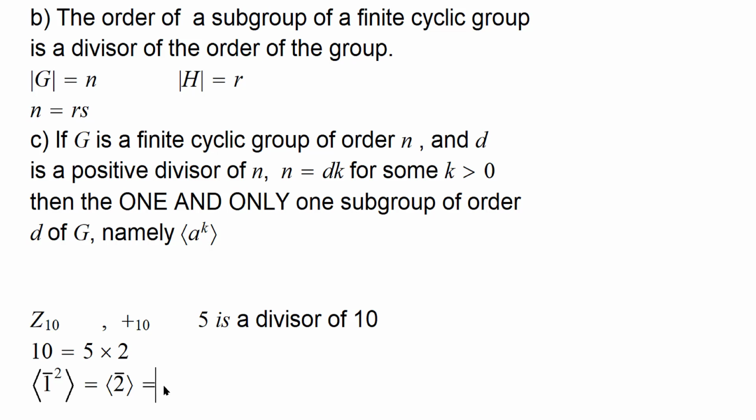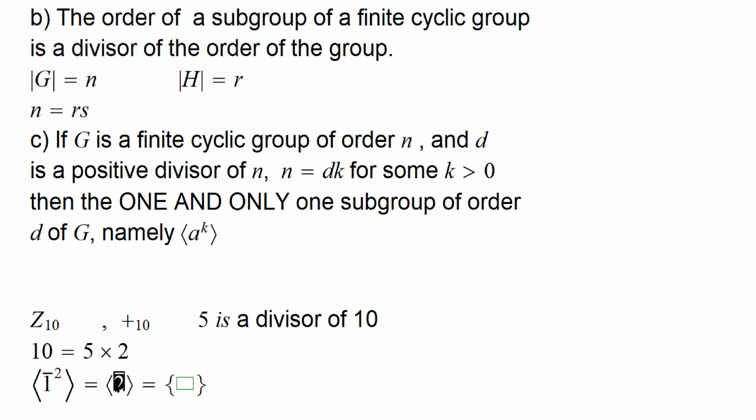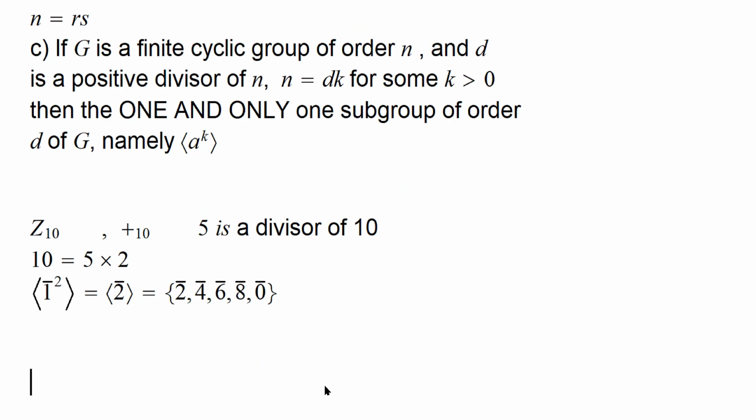This subgroup will be a subgroup of order 5. That is, we got 2, then 2 to the power 2 is 4, 2 to the power 3 is 6, 2 to the power 4 is 8, and 2 to the power 5 is simply 0. So here we have a subgroup of order 5 in Z10.